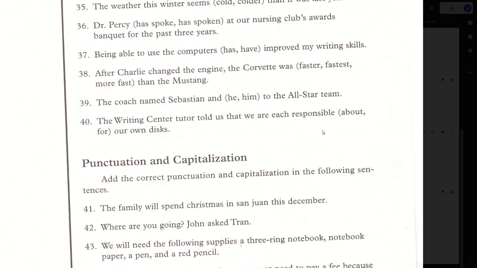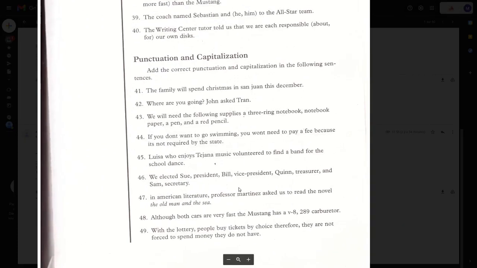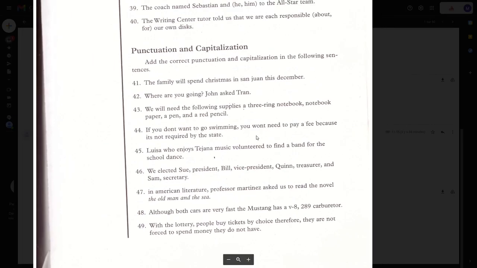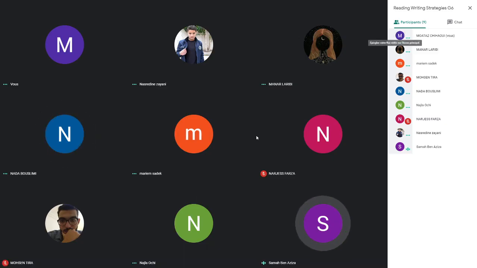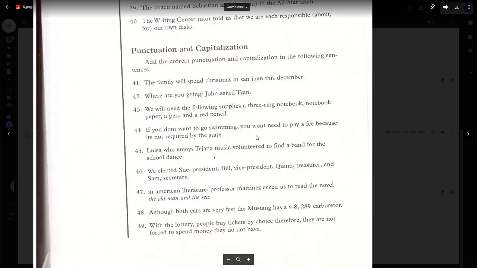Okay. Let me tell you something. Did you finish the rest of the exercise? No, miss. How many students have finished? Okay, what are we going to do in order to save time and energy? We're going to do punctuation and capitalization. We're going to do 41. Take notes, please. 41, 42, 43, 44, 45.